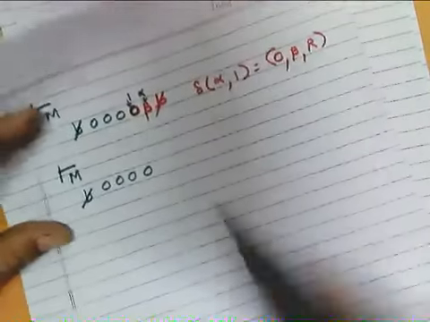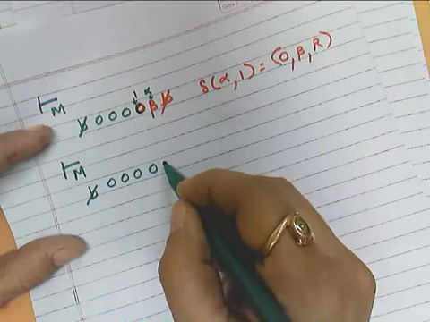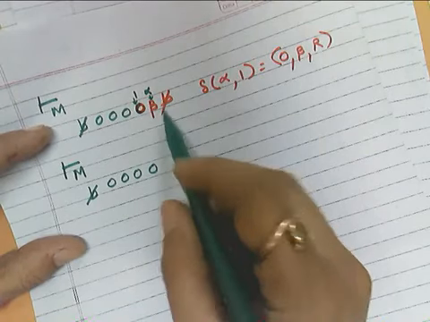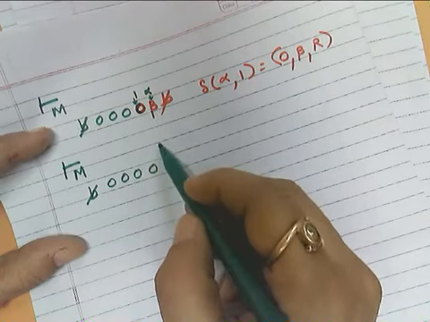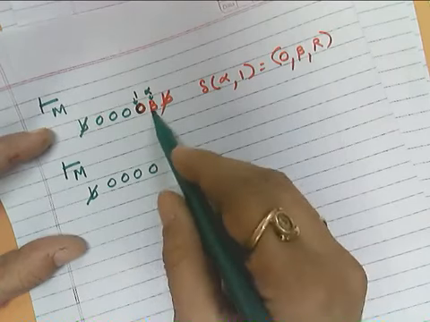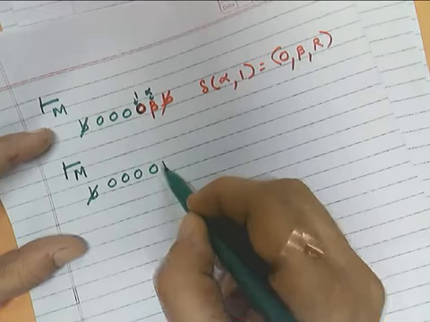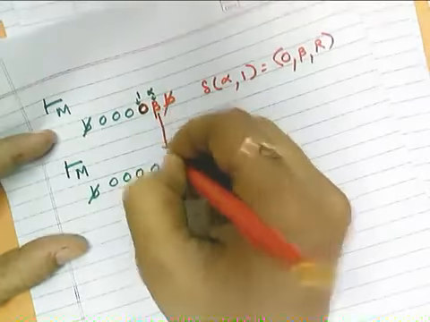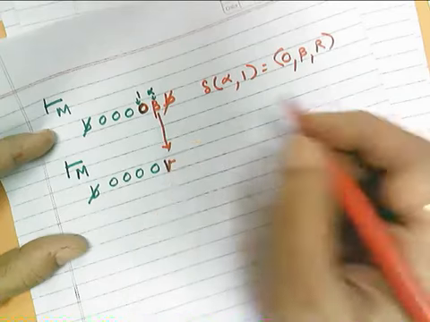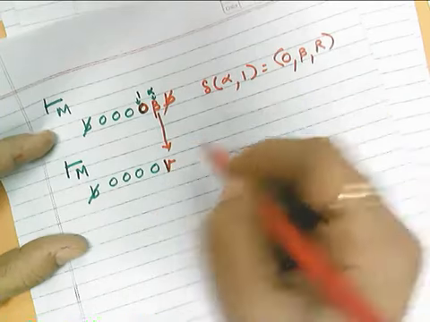So we want to reflect this. How will we reflect it? Again we have to do no movement. That means we need not change the position of the head. The new state here will be what? Beta will be updated to gamma and it is no movement.